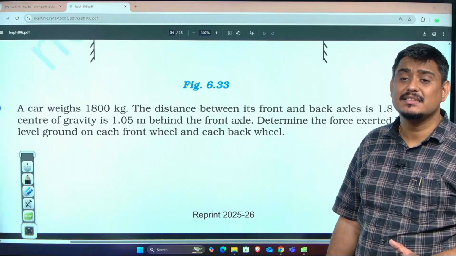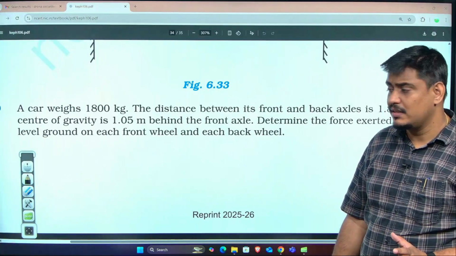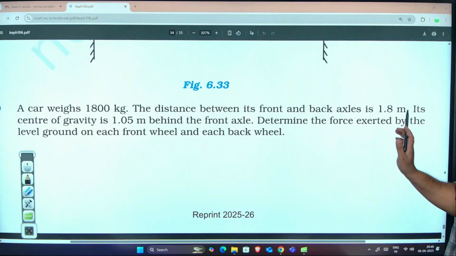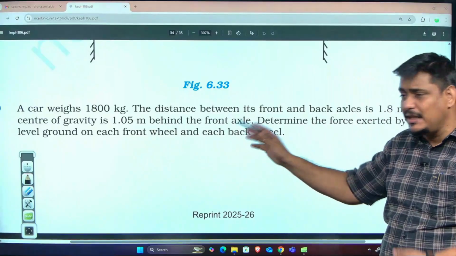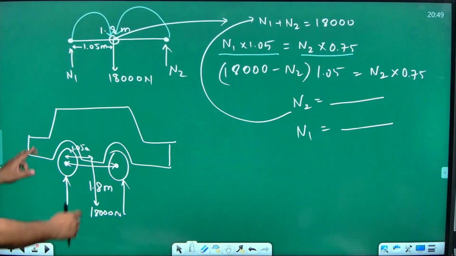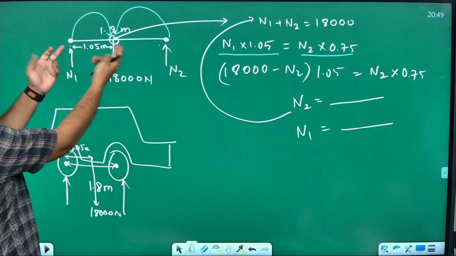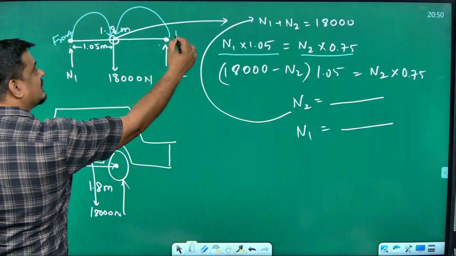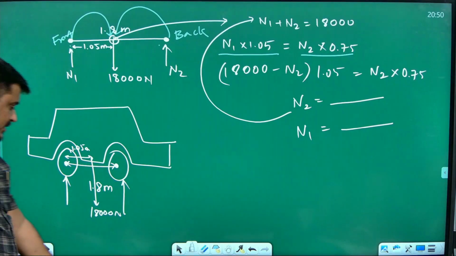Distance from axle to center of gravity, and then from front and back axle. See man, the distance between its front and back axle is 1.8 meter. Its center of gravity is 1.05 meter behind the front axle. What I am doing, you see? Distance between the front and the back axle I am taking as 1.8 meter. And I am putting center of gravity as 1.05 meter from the front axle. This is the front axle and this is the back axle. Understood? Sure? Shall I proceed further?